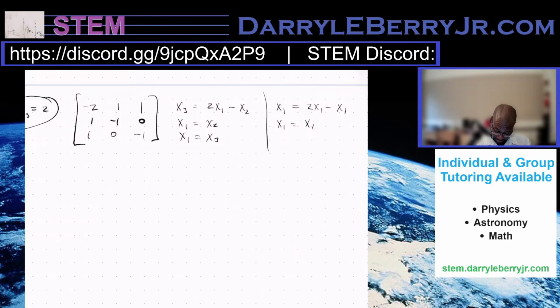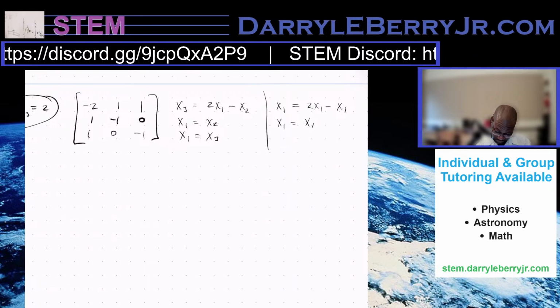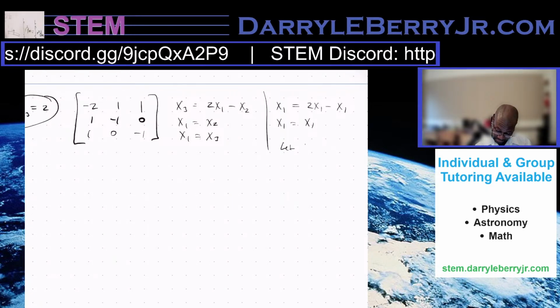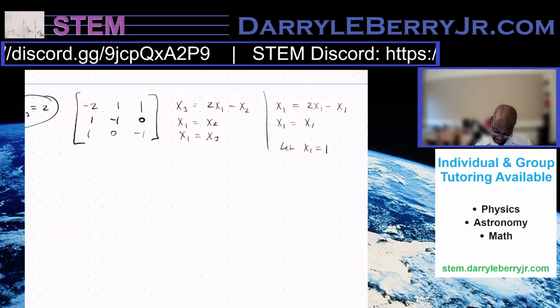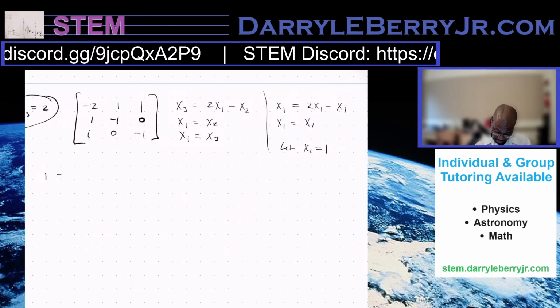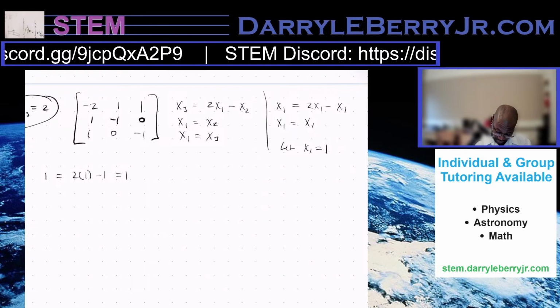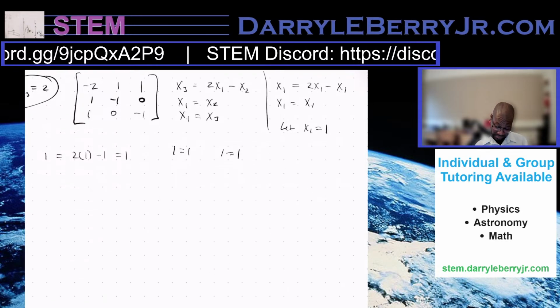x1 equals x1. x2 equals x1. x3 equals x1. So if I just made that x1 equal 1, this will be 1 equals 2 times 1 minus 1. That's right. 1 equals 1, 1 equals 1. All right, so that works.